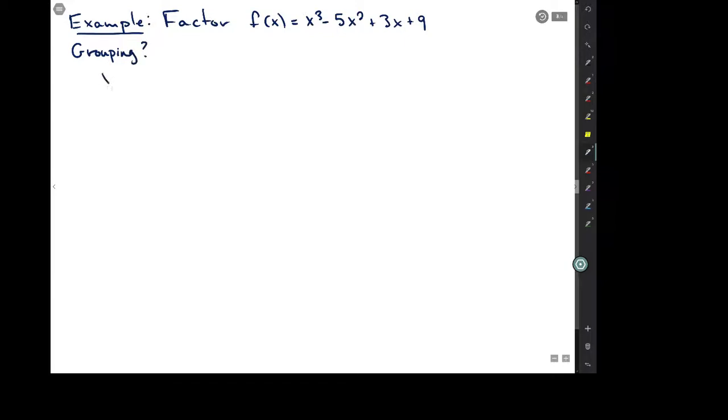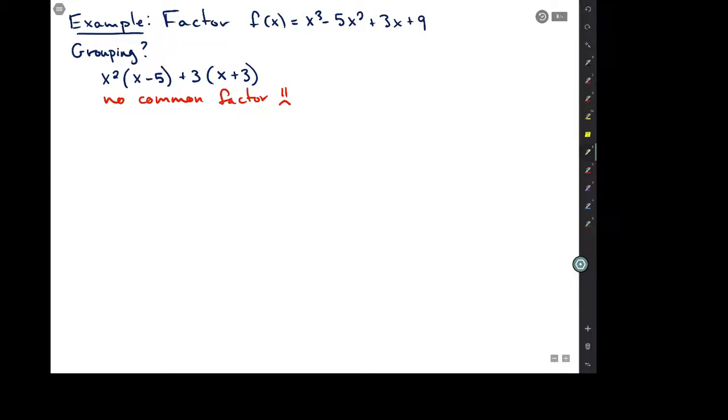If I take an x squared out of the first two terms, I'm left with x minus 5. And I could take a 3 out of the third and fourth terms, which leaves me with x plus 3. There's no common factor, so grouping's not going to work.